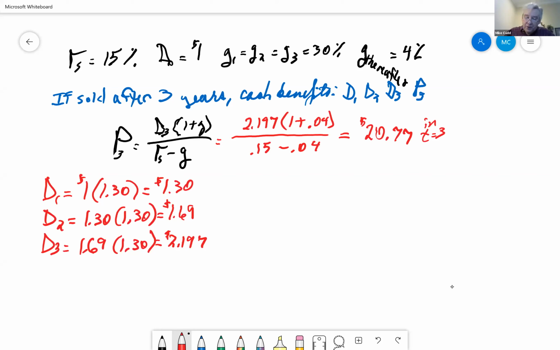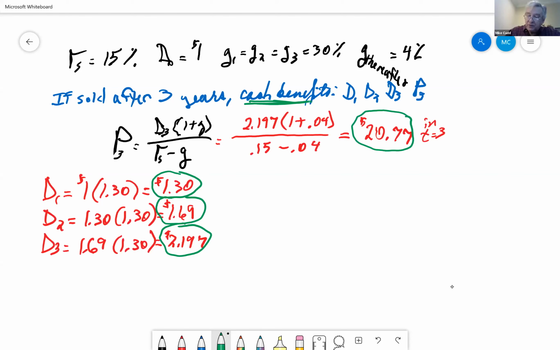So our cash benefits would be these 3 dividends. If we sell the stock after 3 years, we'd get 3 years worth of dividends and the selling price. So at this point, we'd use our calculator. Let's assume you're using a BA II Plus.